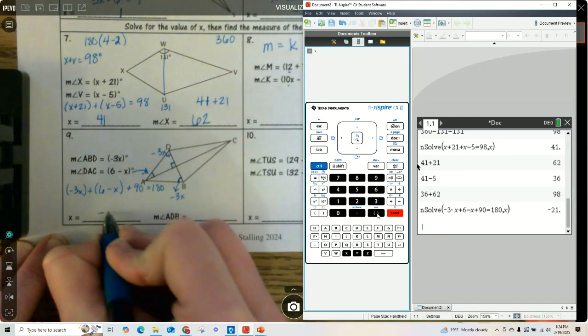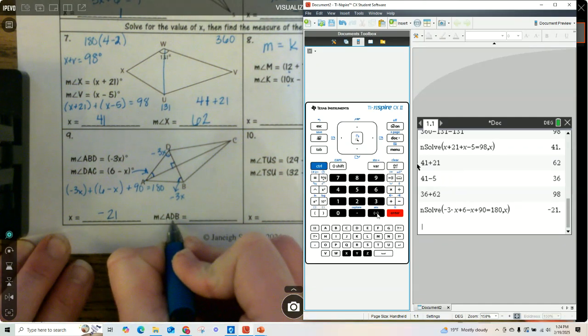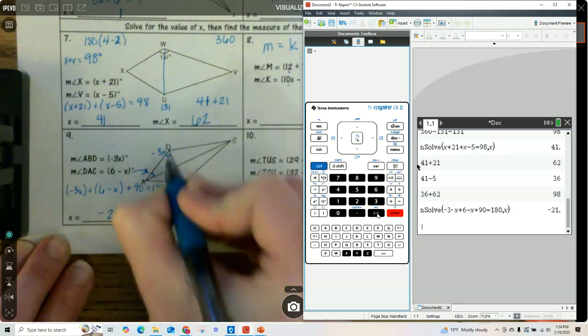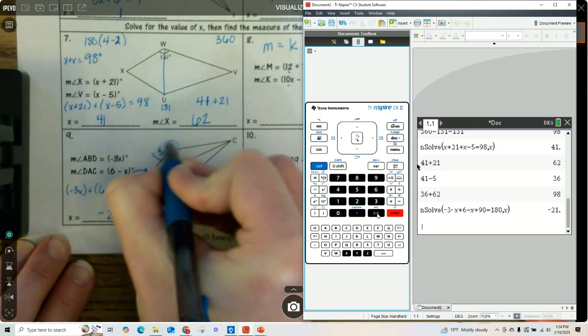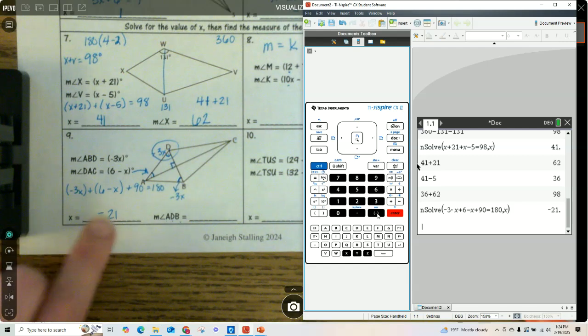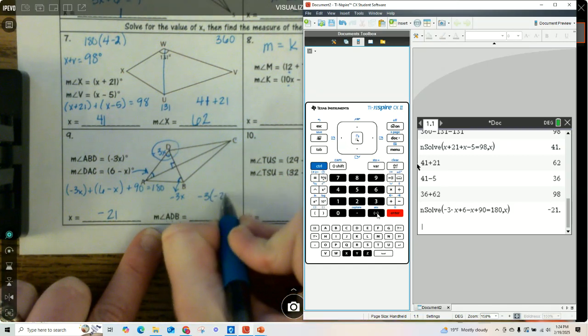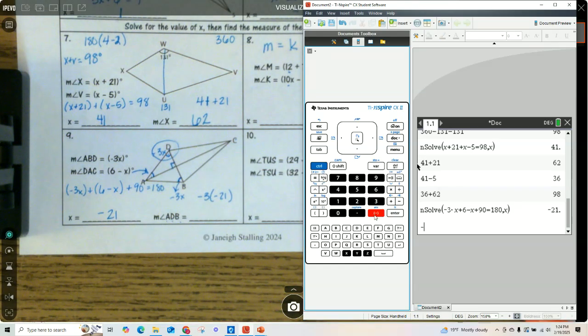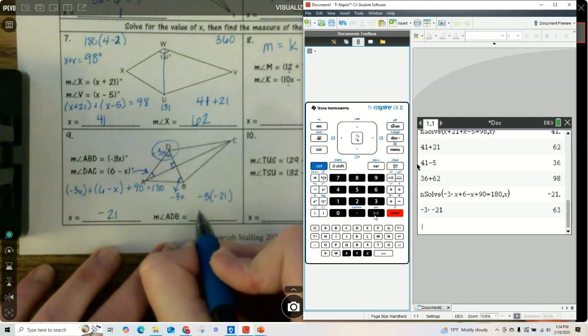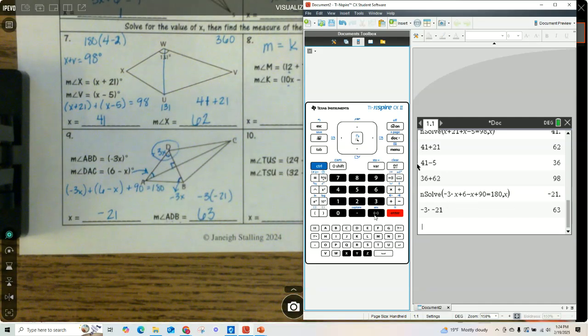And then this wants me to find the measure of ADB. A to D to B. That's this one right here. So I'm going to plug it in there for that x. So -3 times -21 gives me 63. We're getting to the point in geometry where you're going to use all these rules that we've learned this year. They're all going to really start circling back.